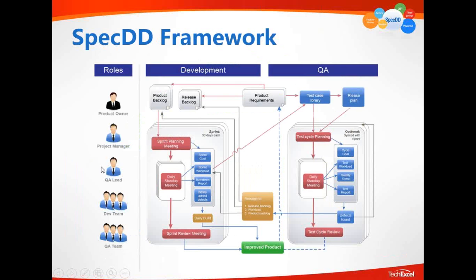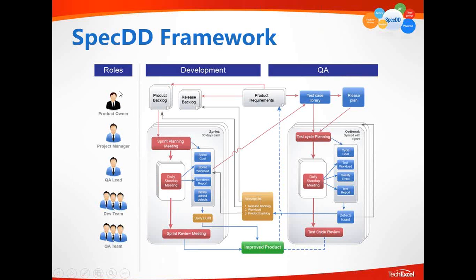So now let's talk about the SpecDD framework. The SpecDD framework picture gives you a view that is process centric, but when we talk about process, people are the most important.